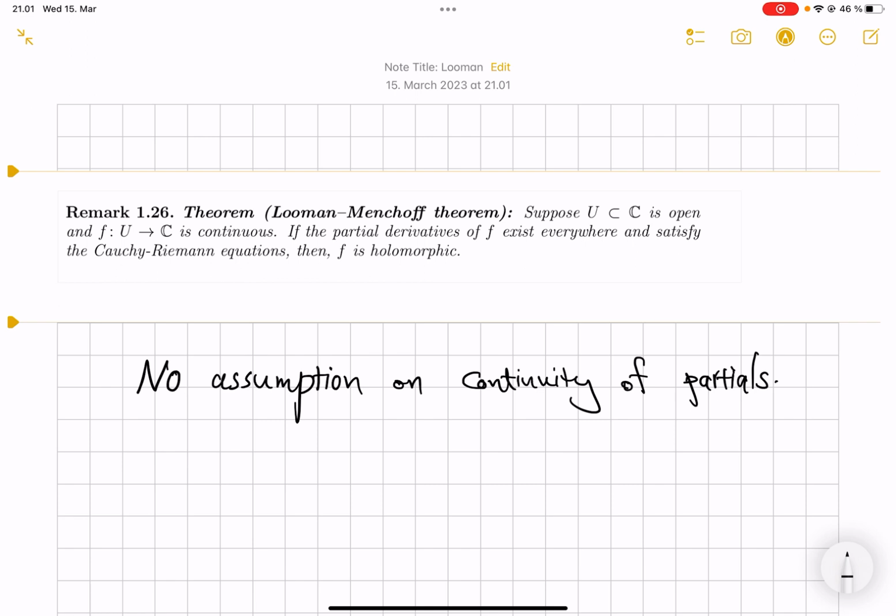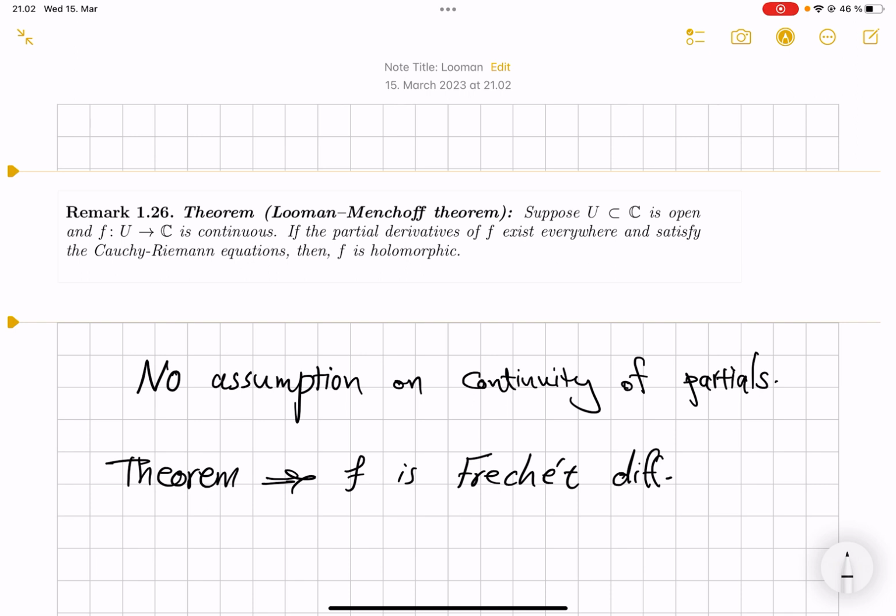So in particular, remember, this theorem will imply that f is Frechet differentiable, because complex differentiability is even stronger. So this is one of the cases where existence of partials implies Frechet without upfront assuming their continuity.